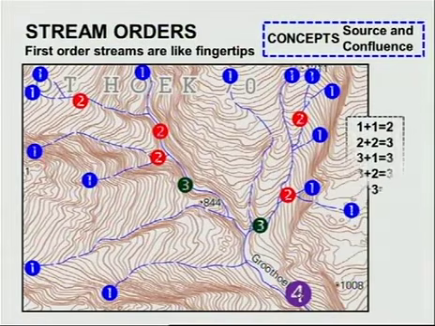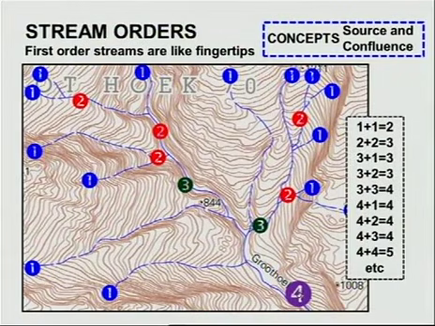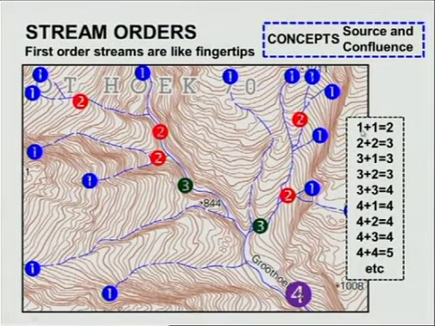Okay, now, what is very important is this. Here we've got what they're actually calling geography mathematics, because remember, these are not sums. First, 1 plus 1 gives you 2. Okay, a first stream order plus another one gives a 2. A 2 plus a 2 gives a 3. But a 3 plus a 1 gives a 3, because remember, the highest value, that's the one that it carries. 3 plus a 2, it will carry the 3.